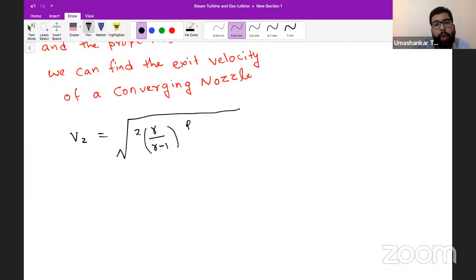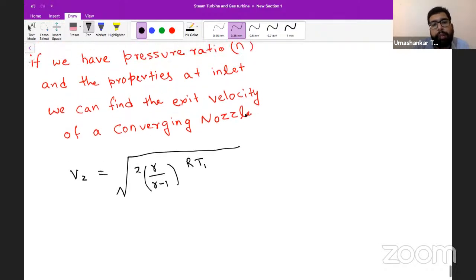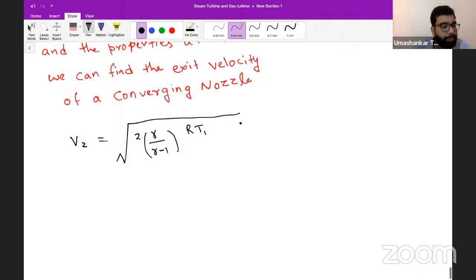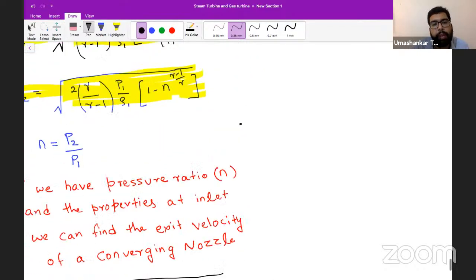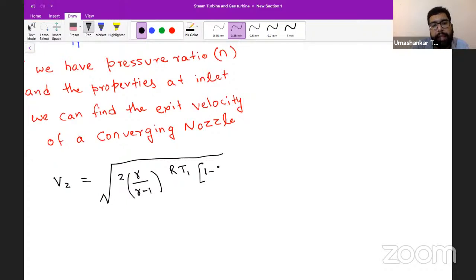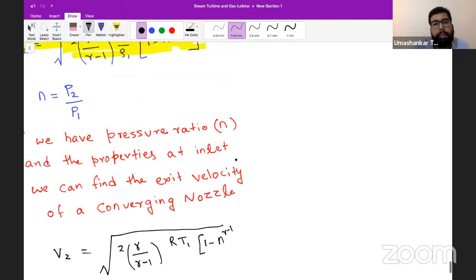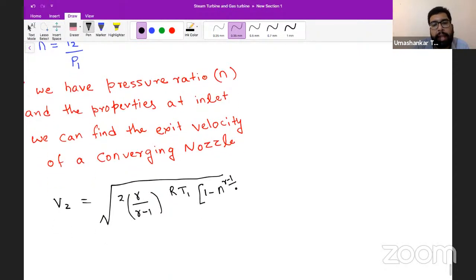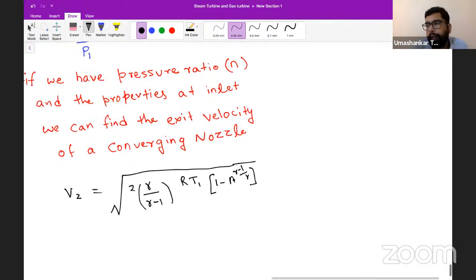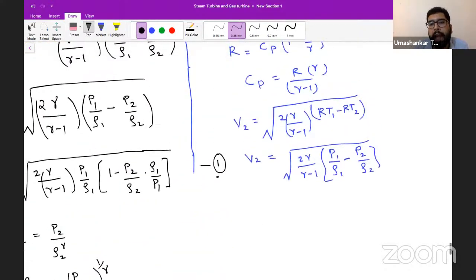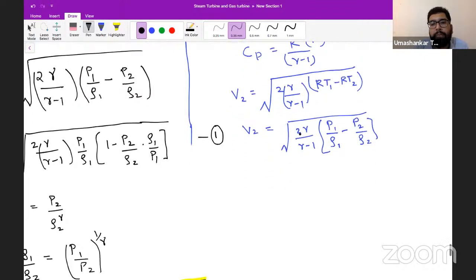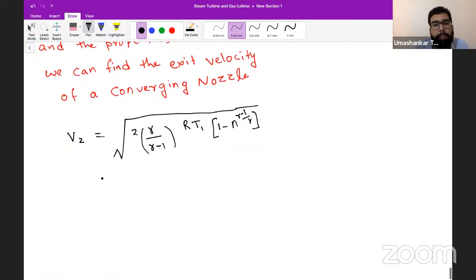P1 rho 1 stands for RT1, isn't it? And we have seen already R upon gamma minus 1 times gamma is equal to Cp. So we can write 2 Cp T1 also.